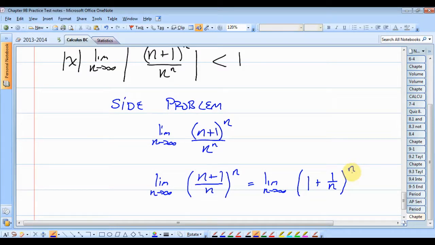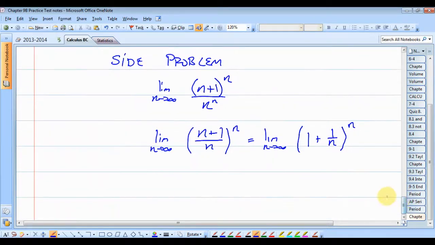Okay, now, if you remember what this limit is, this is the definition of e right here. You would have to memorize that. I'm going to assume that you didn't memorize that.